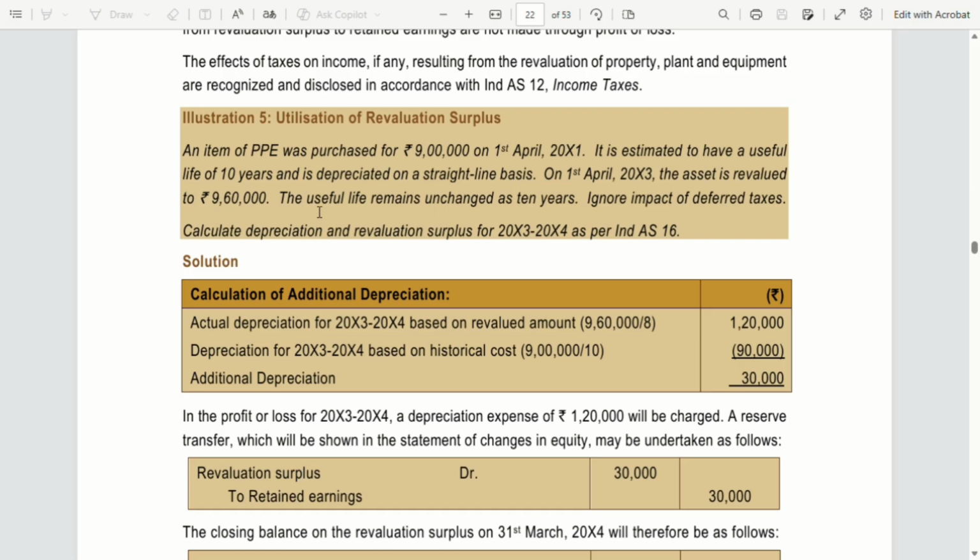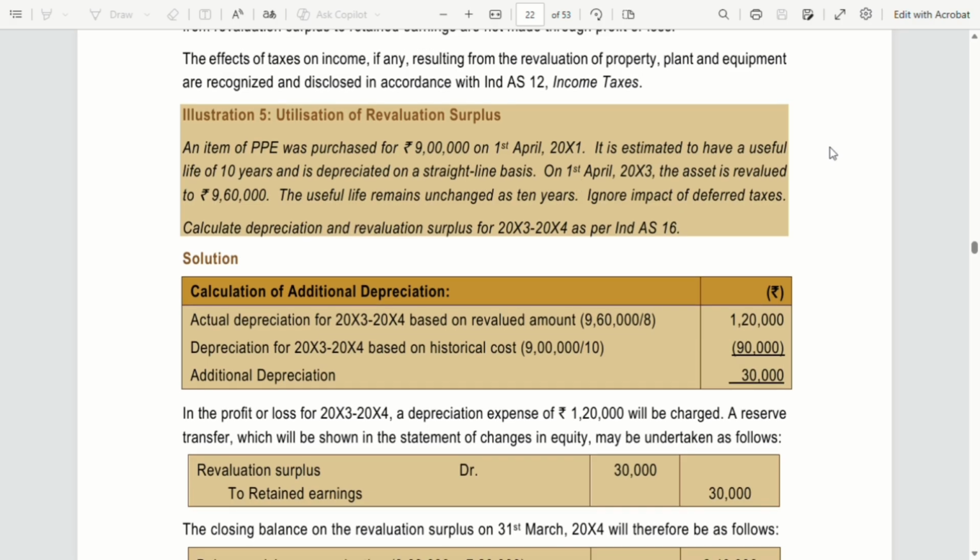Okay, and then we will come to know whether there is a revaluation gain or revaluation loss, and will give impact according to it. Useful life remains unchanged as 10 years, तो useful life 10 years है. Ignore impact, अभी यहाँ पे after 2 years remaining useful life कितना होगा, 8 years, ठीक है.